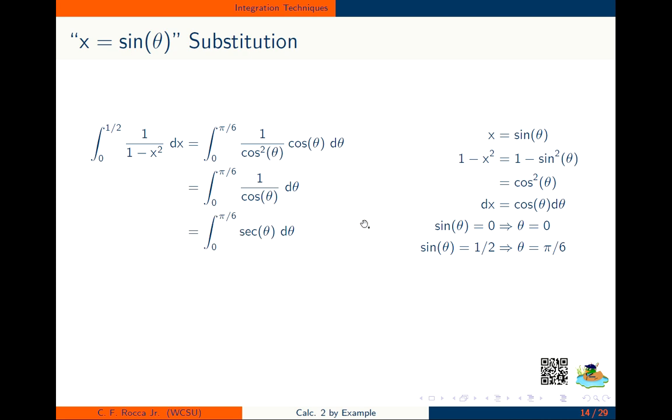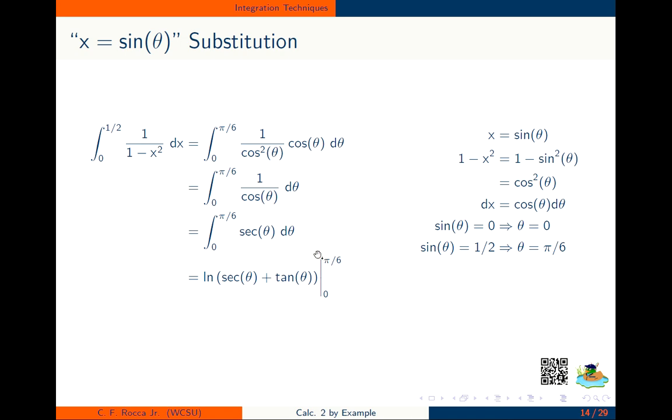And you could either work out what the antiderivative of secant theta is, or you can look it up, or maybe you have it memorized. It's a relatively common antiderivative. And that will be the natural log of secant theta plus tangent theta. You do need to be careful that this quantity is positive. You don't want to try and take the natural log of a negative, not in this class at least.